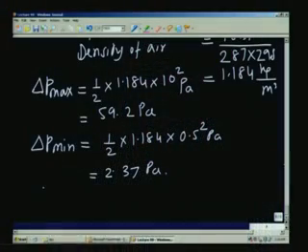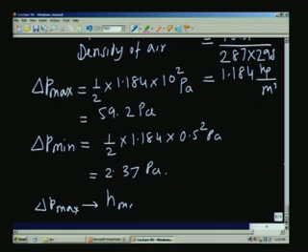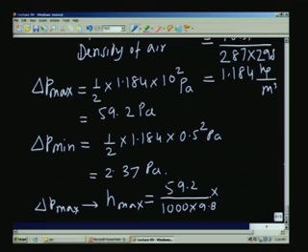So, delta P max will correspond to H max, which will be delta P, 59.2 pascals, divided by 1000, the density of water, into 9.8, and to convert it to millimeters, I will multiply by 1000.